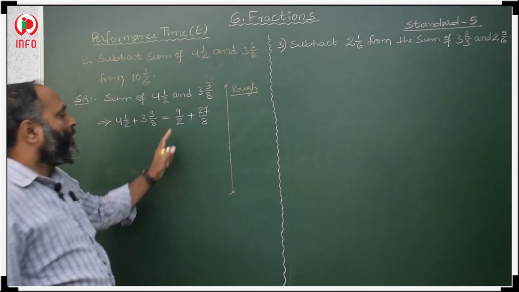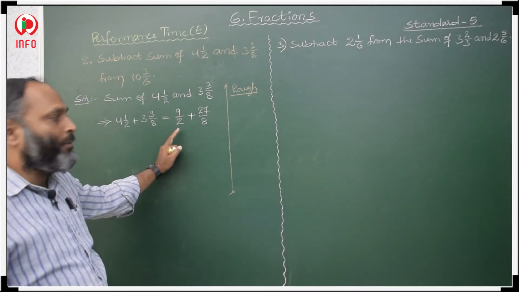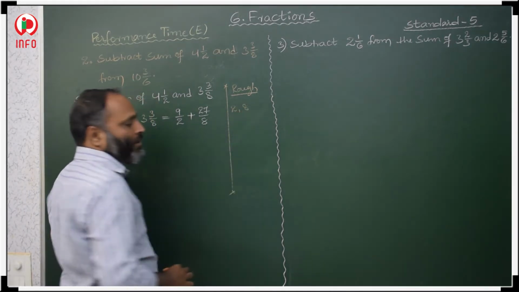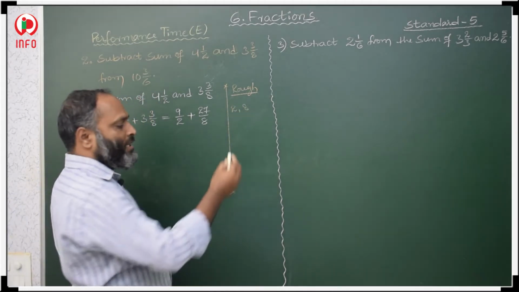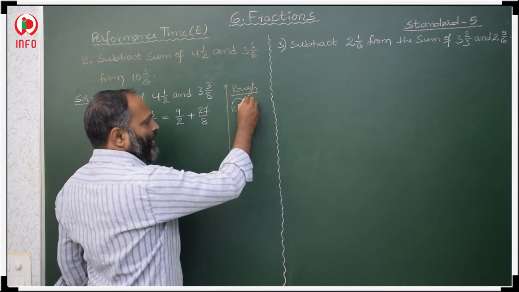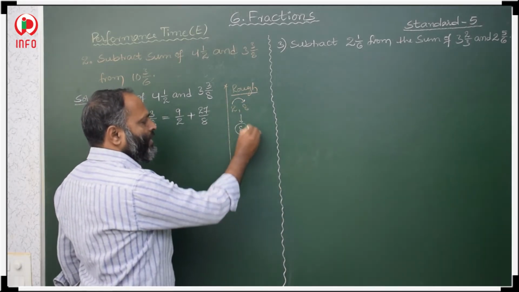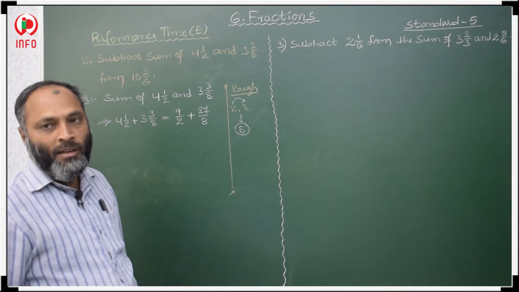In this rough column, we have to find the LCM of the denominators 2 and 8. 2 is a factor of 8; if one number is a factor of the other, then the LCM is the bigger number. 8 is our LCM.